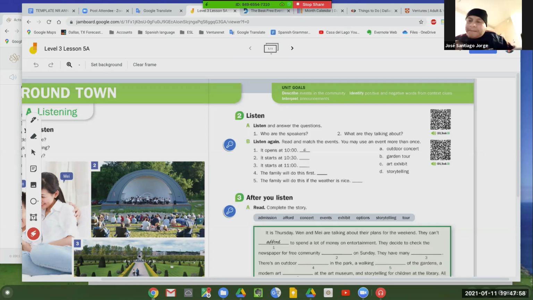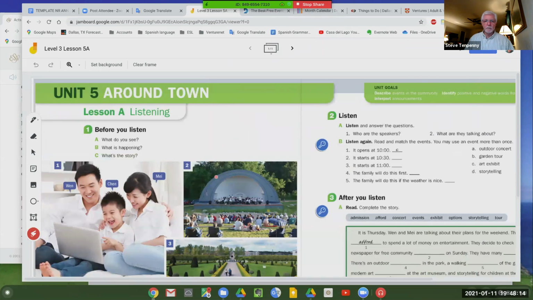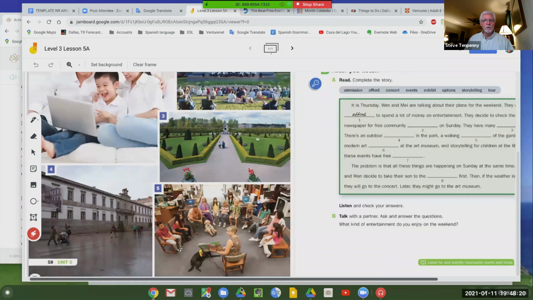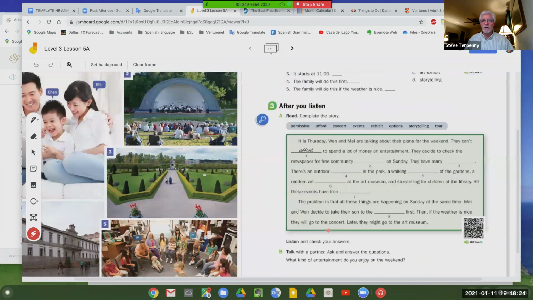Is the storytelling? Good. Yes, that's going to be the storytelling at the library. Okay, so that's what the picture is at the bottom here of the woman telling the story. That's something that would be good for the little boy, and it's also free.